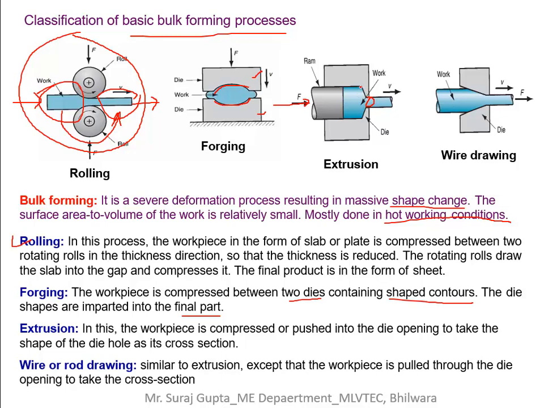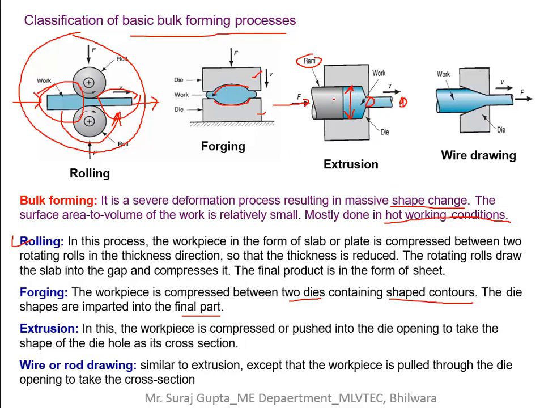The diameter is reduced due to the compression force on the workpiece by this ram. The ram applies the force on the workpiece, so that the material comes out from the small orifice, and this becomes a product which has a diameter smaller than the workpiece.